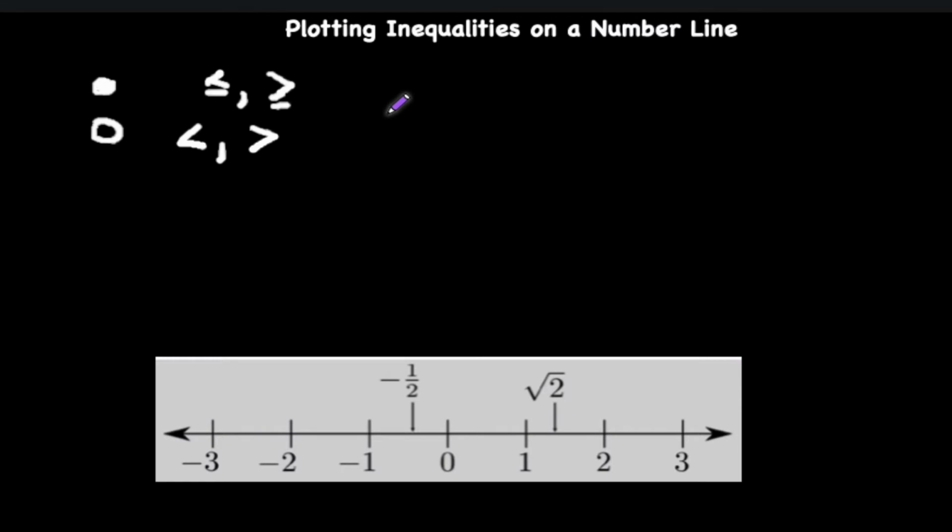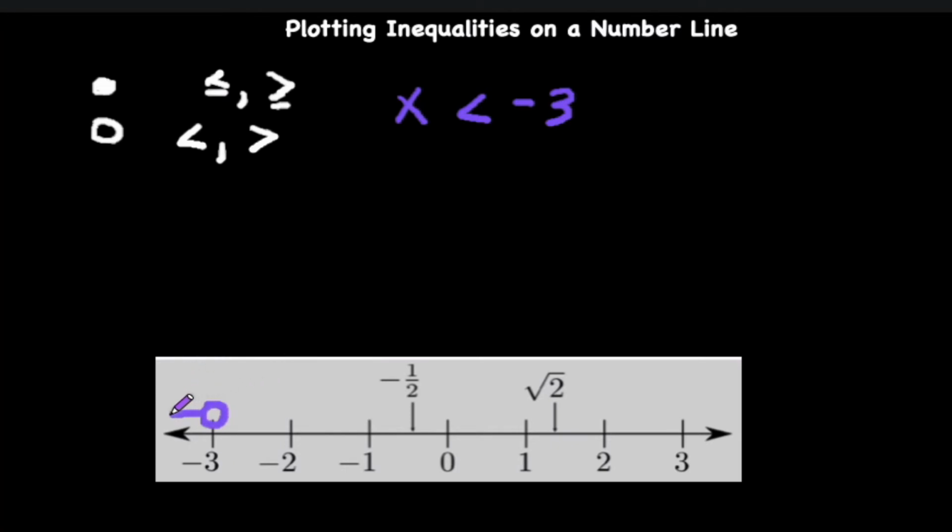So let's say that you're given the expression x is less than -3, and you're told to plot this on the number line. Well, remember we have less than, so that means we're going to plot using an open circle. So let's take a look at -3. We're going to place an open circle there, and it's telling us that is less than.